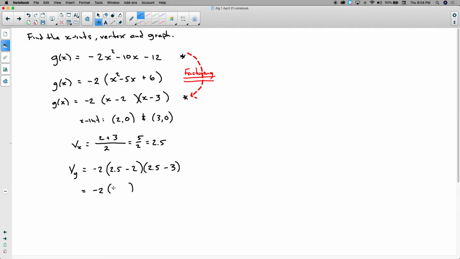That is 0.5. And this one is negative 0.5. And that's a negative times a negative, so now I'm not even going to think about negatives anymore, as positive. 2 times 1/2 is 1. And 1 times 1/2 is 1/2. Okay, so I'm going with that as 1/2.